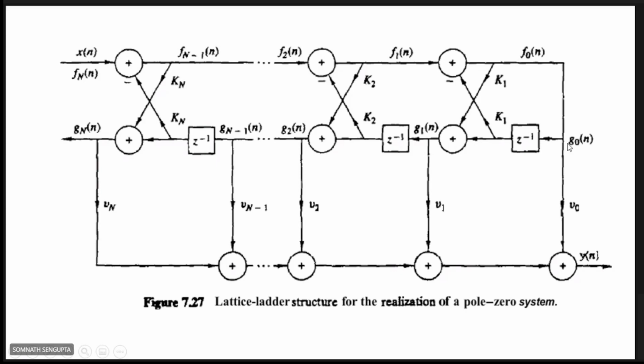So g0(n) goes to this one, z inverse, then it becomes g0(n minus 1). Then again we get g1(n), and again it is delayed. So here some calculation is there.